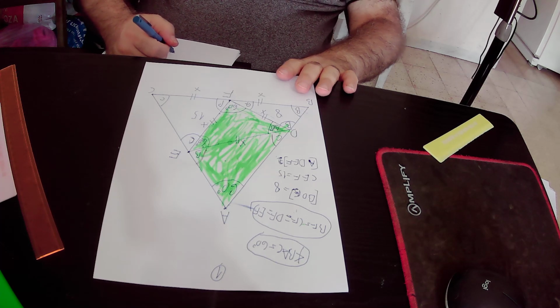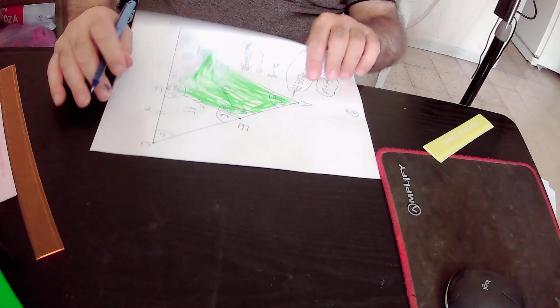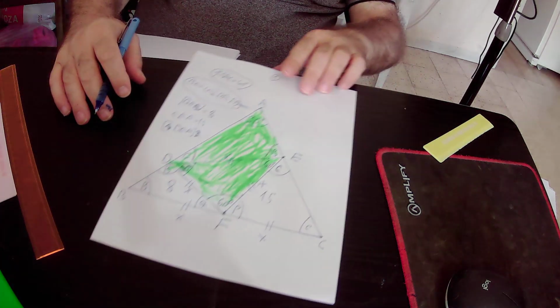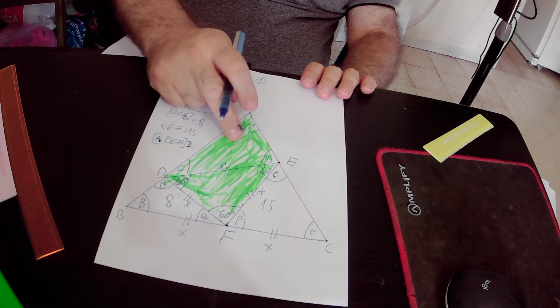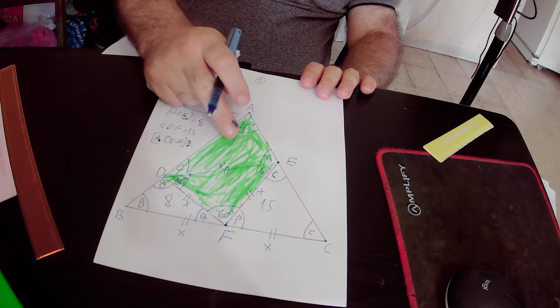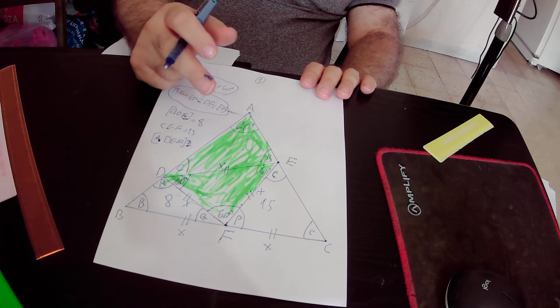So in the next step we will prove that triangle ADE, this green triangle, is similar to triangle ABC.